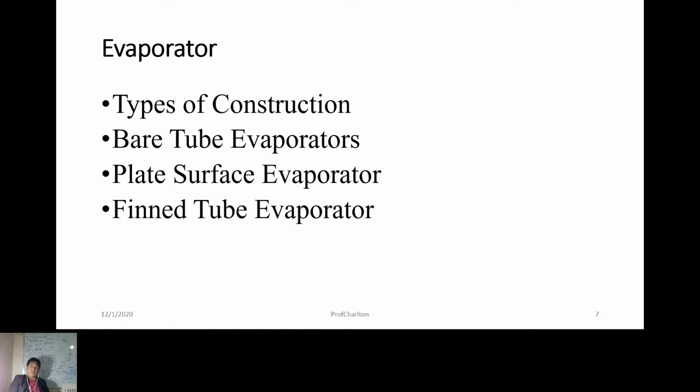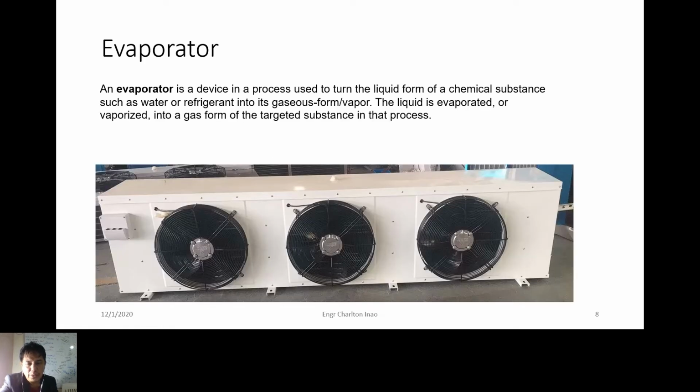Marami namang klase ng pagka-construct. It is given in a separate lecture, separate ang PowerPoint. Today, we are going to concentrate only on the calculation side of the evaporator. This is more of a theory na elements, ano yung mga klase ng evaporator, and so on. But ipapakita ko sa inyo yung mga pictures para may idea kayo.